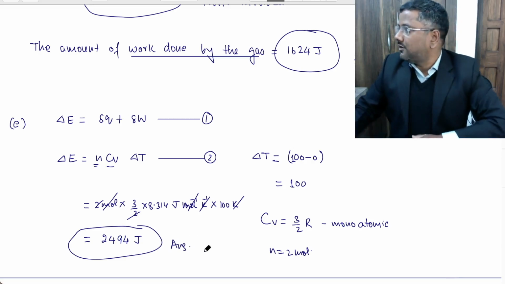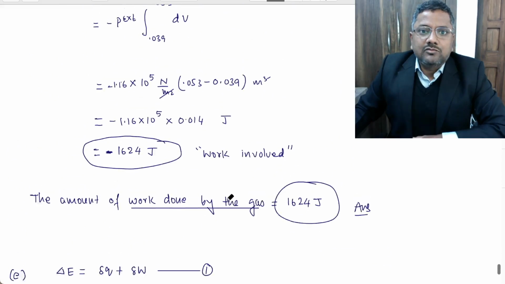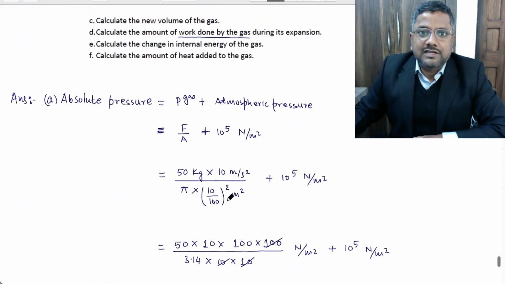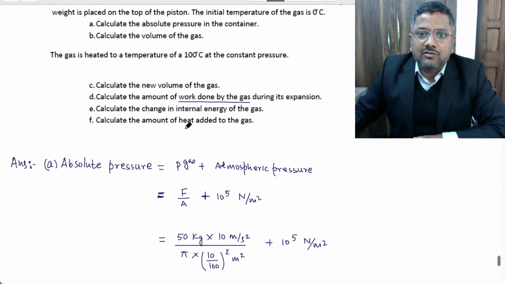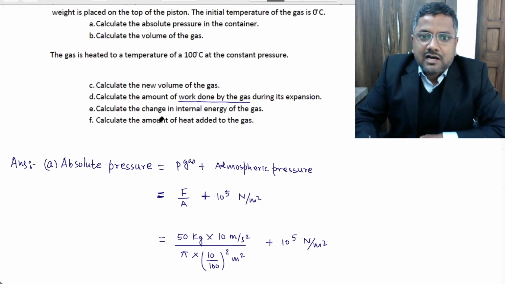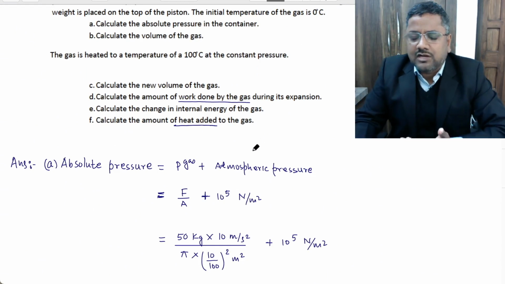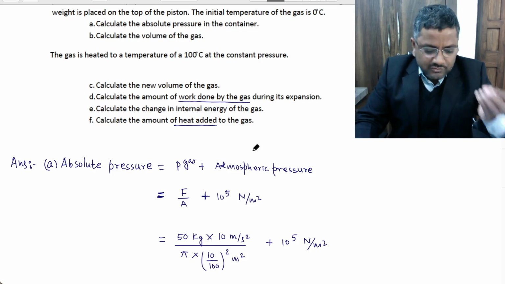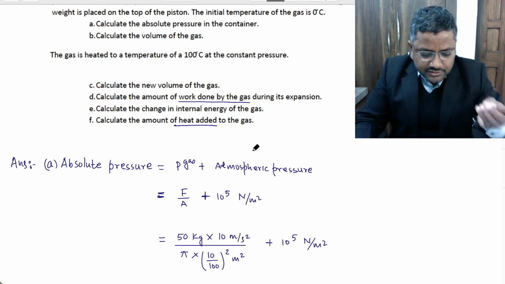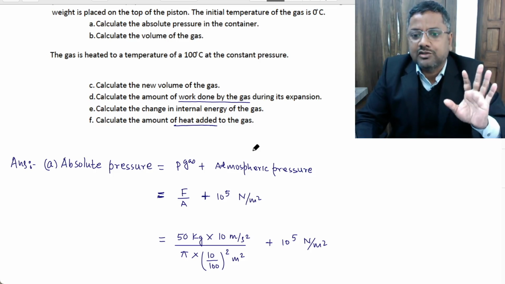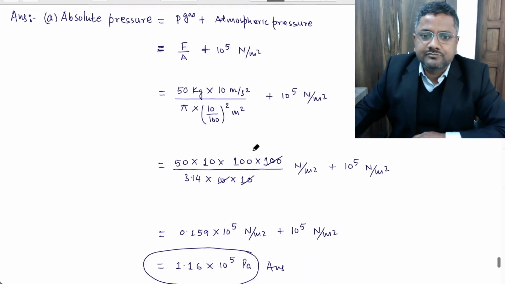Okay, now come to the next part, that is F. Calculate the amount of heat added. See, amount of heat added, so obviously this should be positive. So in your calculation, this should be positive, right?